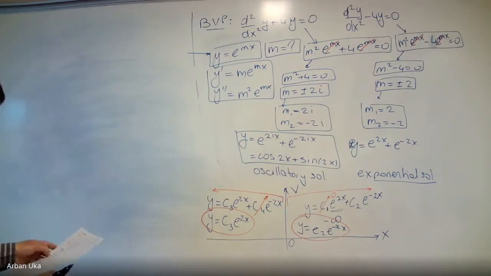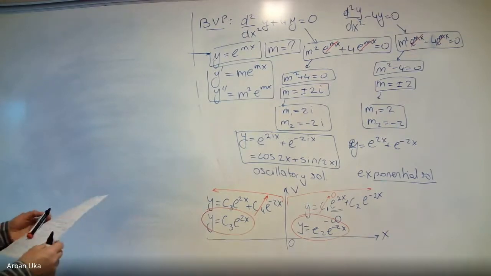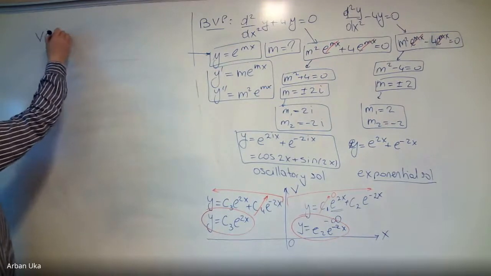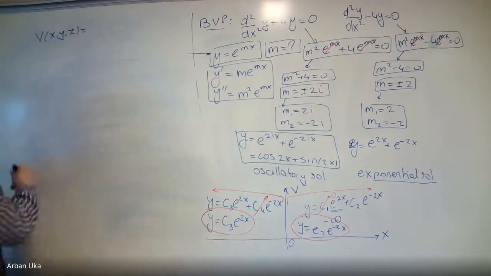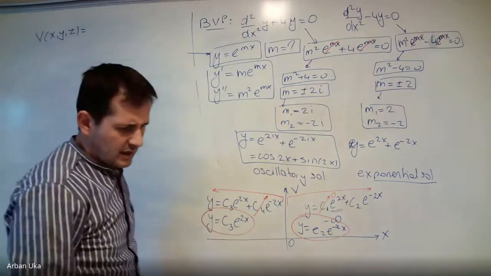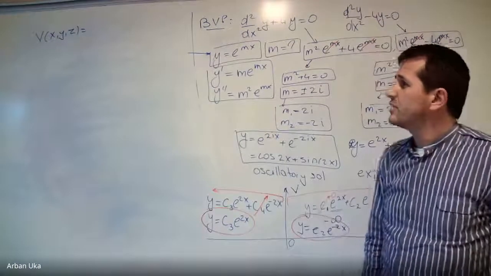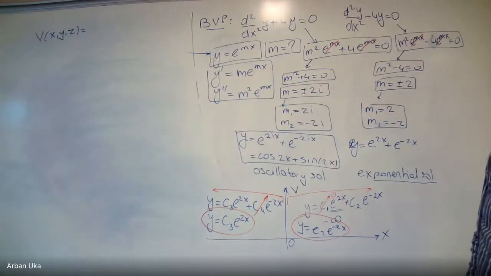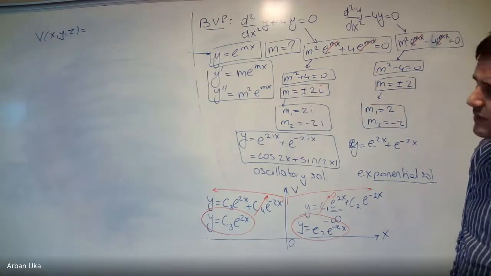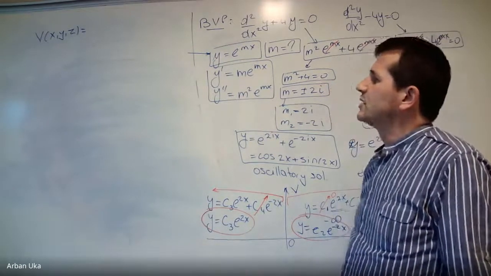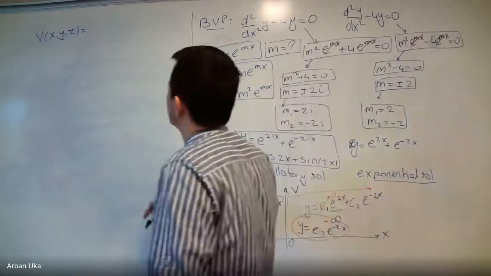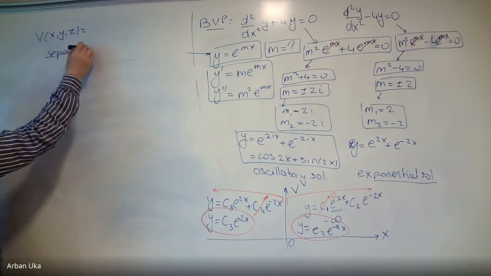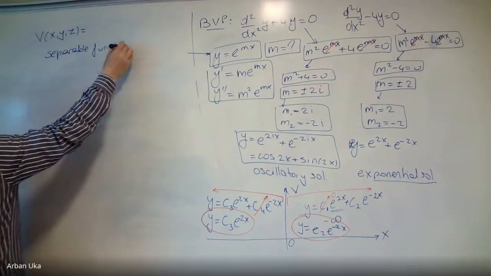Now, what we will see next is, let's assume for a moment that the potential we need to find is a function of x, y, z. Whenever it is a function of x, y, z, it is relatively easy if the potential is a separable function, or separable expression.